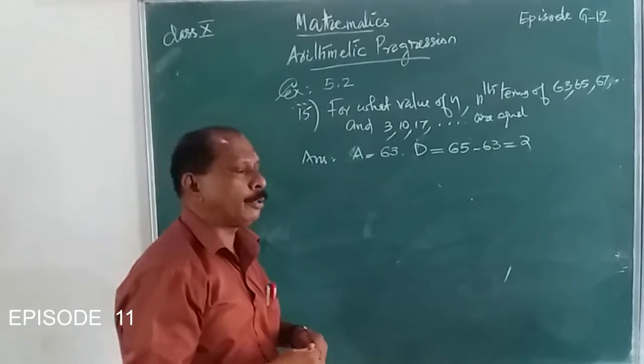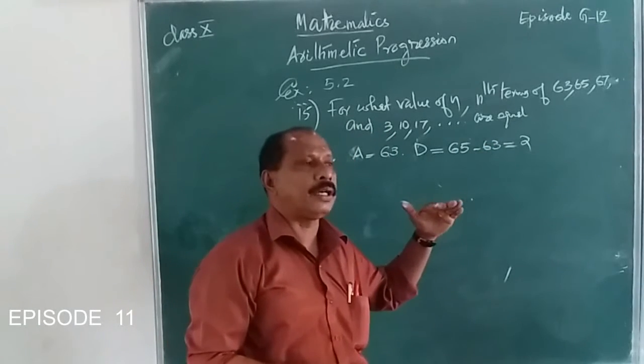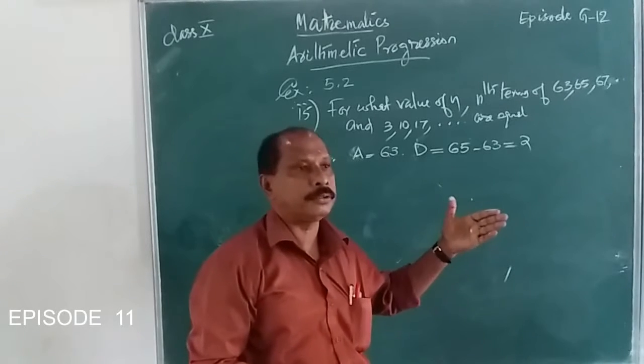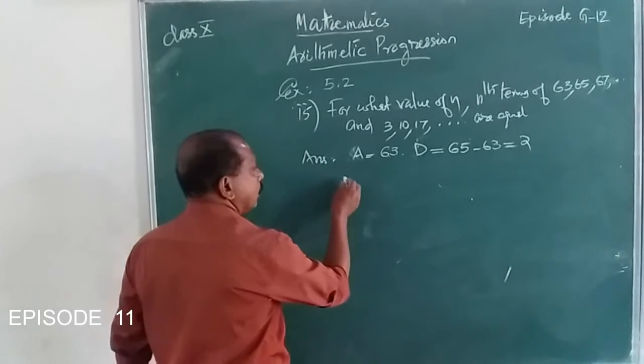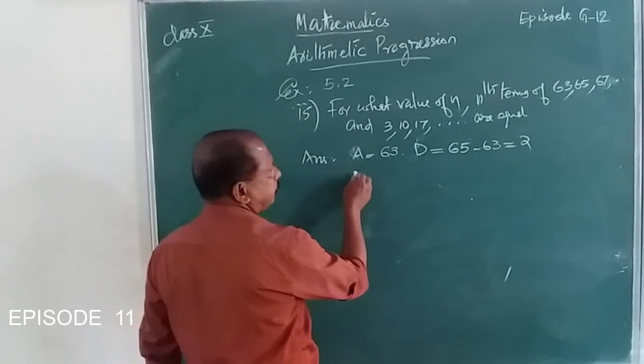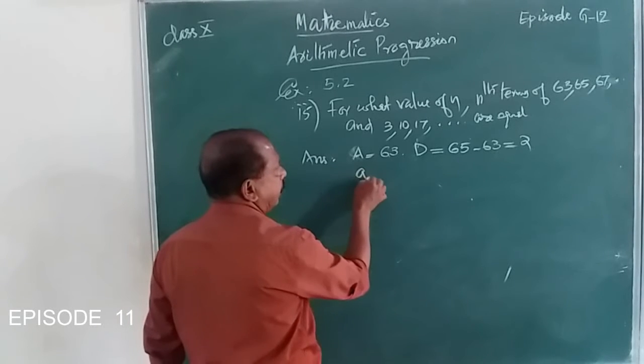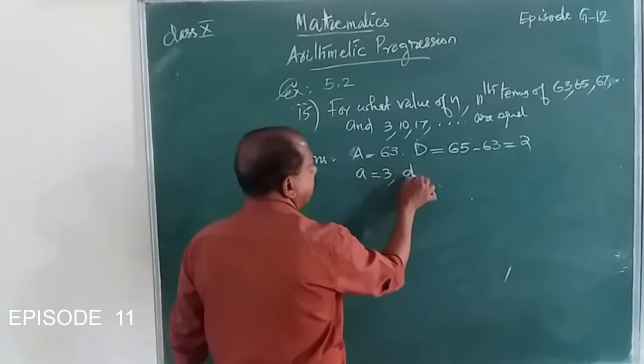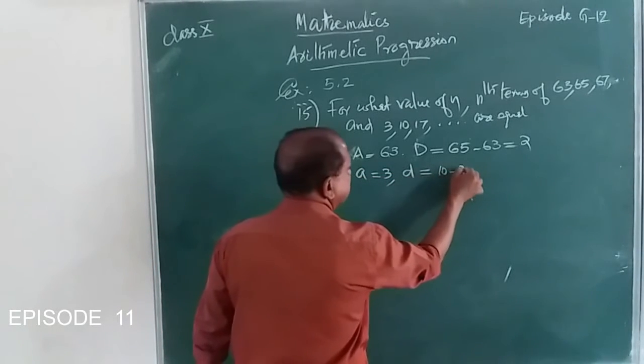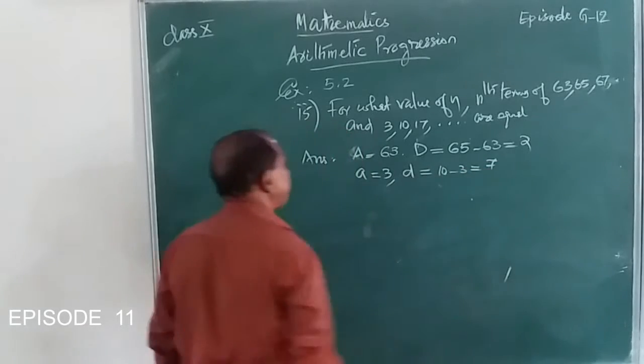Because there are three alternatives, for the first we write capital letters and for the second small letters. For the second, a is equal to 3, and d is equal to 10 minus 3, which is 7.